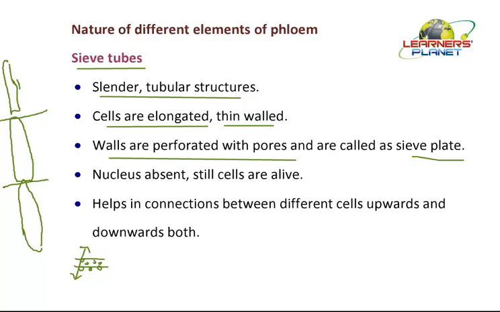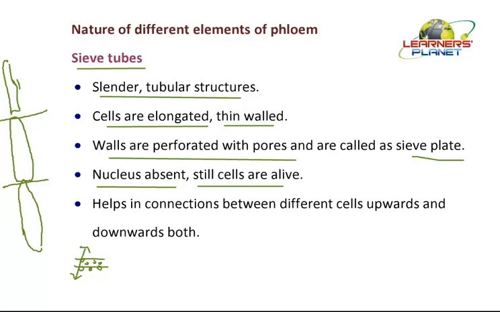Now these cells do not contain a nucleus, but still the cells are alive. Imagine, if the nucleus is absent, how could a cell be alive? Actually, the mature cells of the sieve tube lack a nucleus.